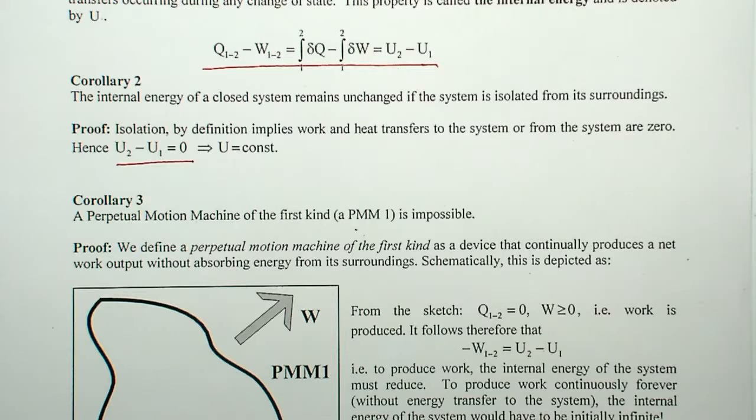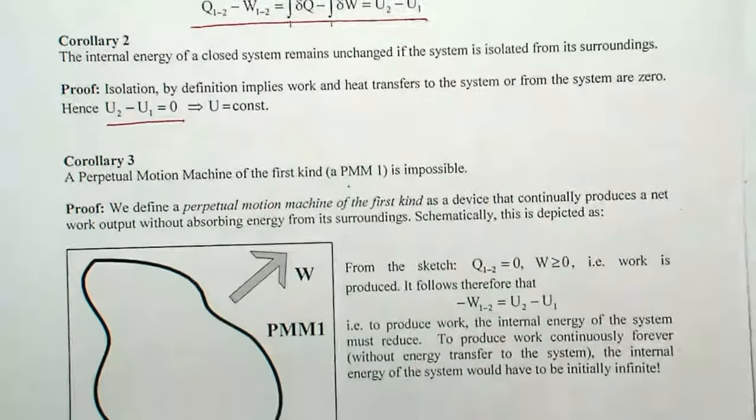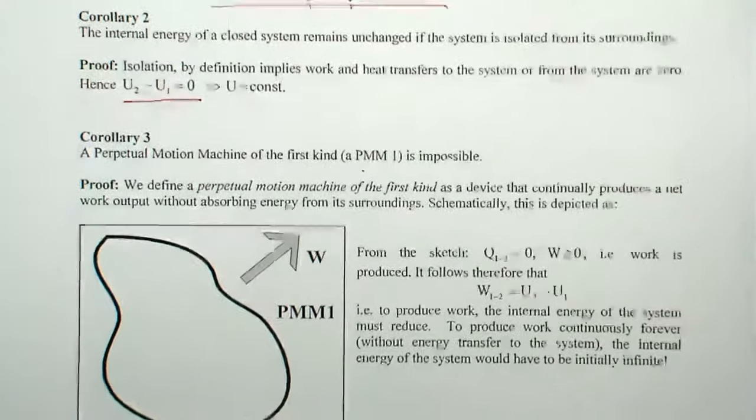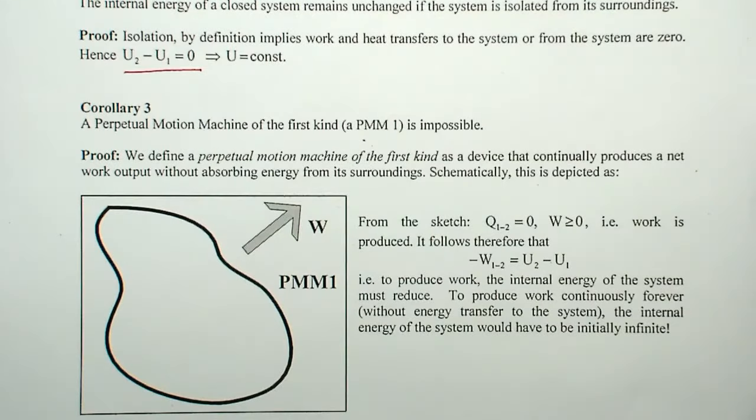It's an idealistic machine or system which can't exist, but it's an idealistic theory that if there was a machine which would be perpetual, which means it never ends, and it just produces work without any input. This is exactly what it means. Graphically, it's shown in this diagram. If you had a system, and this system was just giving you work without consuming any energy, that would be what we call PMM type 1, or first kind.